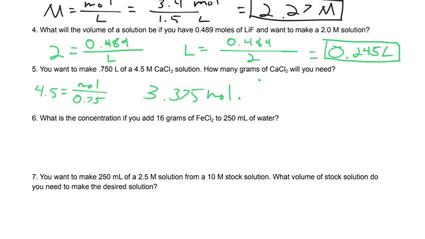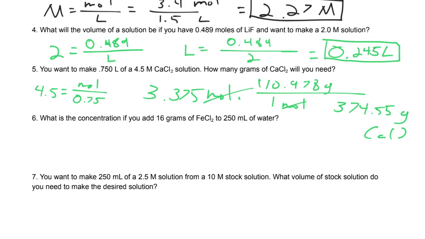Get 110.978 grams per 1 mole. Multiply like this, and moles will cancel out. So times 3.375, I get 374.55 grams of calcium chloride.